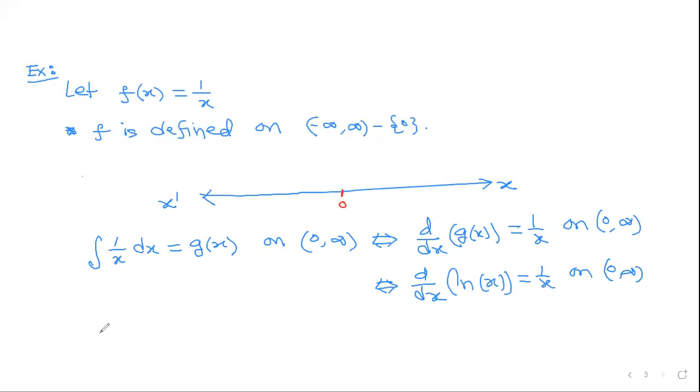We know from derivatives that the derivative of ln x is a well-defined, differentiable function if x is positive, on 0 to infinity, and its derivative is 1 over x. So we are getting that the integral of 1 over x dx is ln x on the interval 0 to infinity. The indefinite integral of 1 over x is ln x.